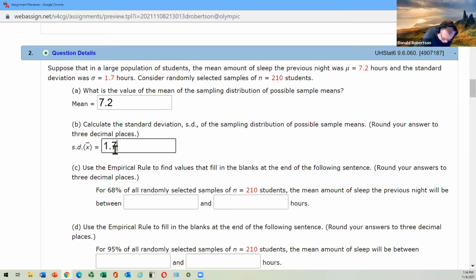Won't it be sigma, 1.7, divided by the square root of 210 people? So that answer would be 1.7 divided by the square root of, in this case, 210, and I get 0.117.